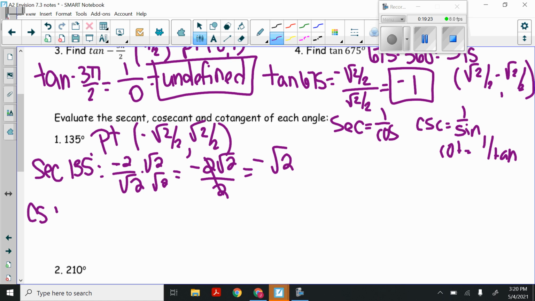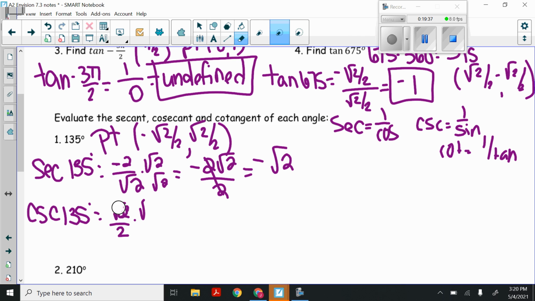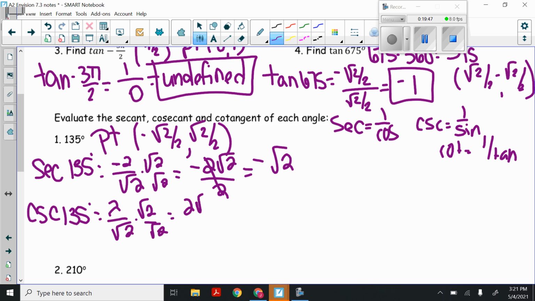The cosecant at 135 degrees is really just my sine flipped. So my sine was the square root of 2 over 2. But again, when I flip that, I get 2 over the square root of 2. Rationalize the denominator, and I have 2 square roots of 2 over 2.